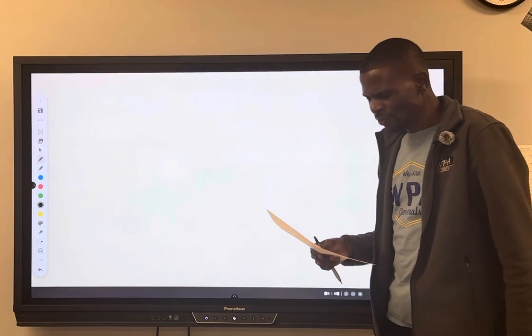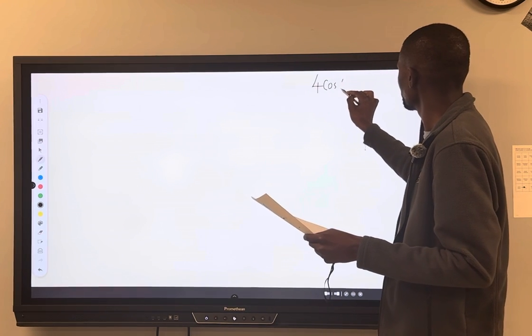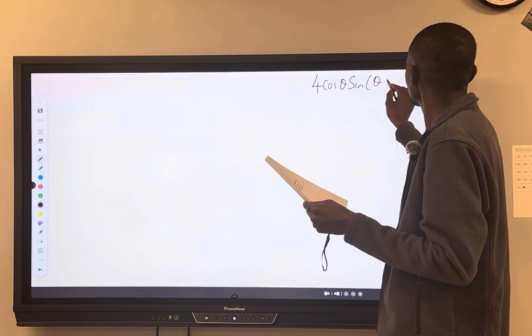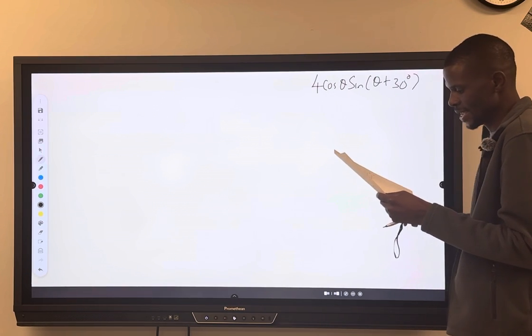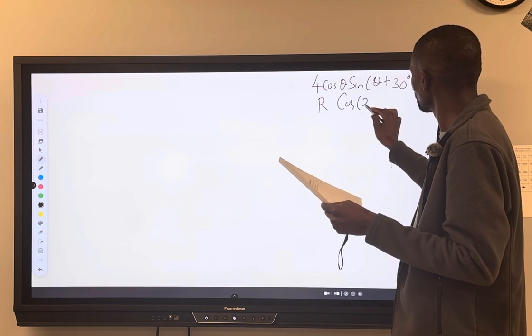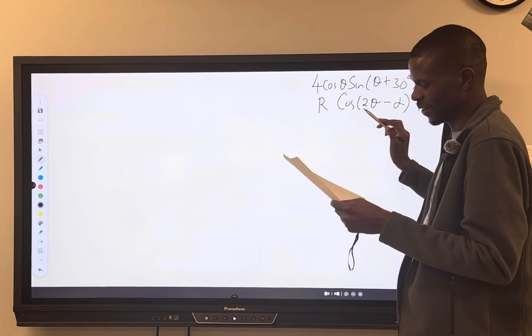Okay, so the question reads: express 4 cos theta sine (theta plus 30 degrees) in the form r cosine of (2 theta minus alpha) plus k, right?